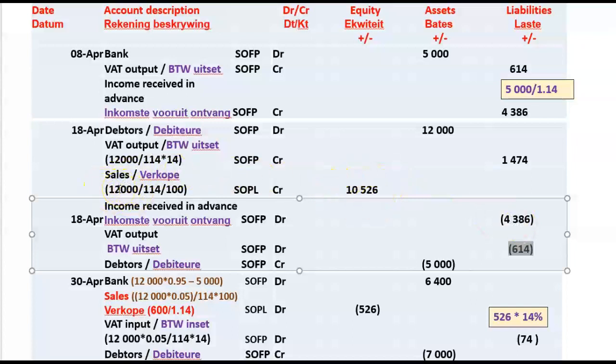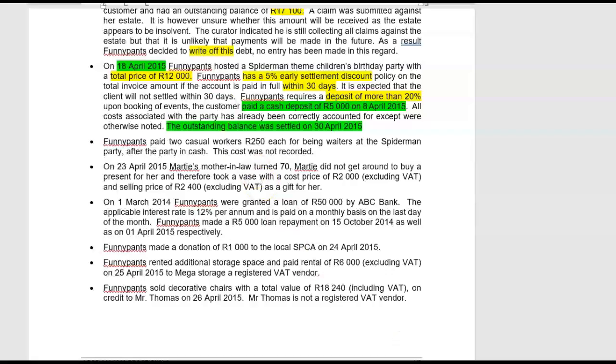It's based on the 12,000 rand. We are left with an outstanding debtor of 7,000 rand, which is correct because that's what they still owe us. And we are left with the actual VAT amount of 1,474. So I have achieved the correct entries. What is now in my books is a reflection of what has happened up till now.